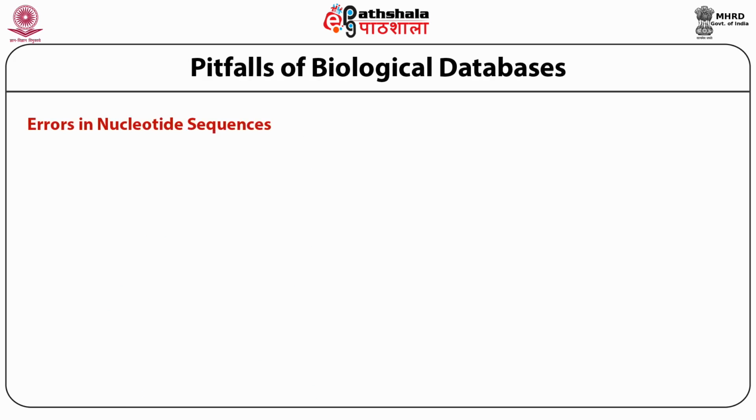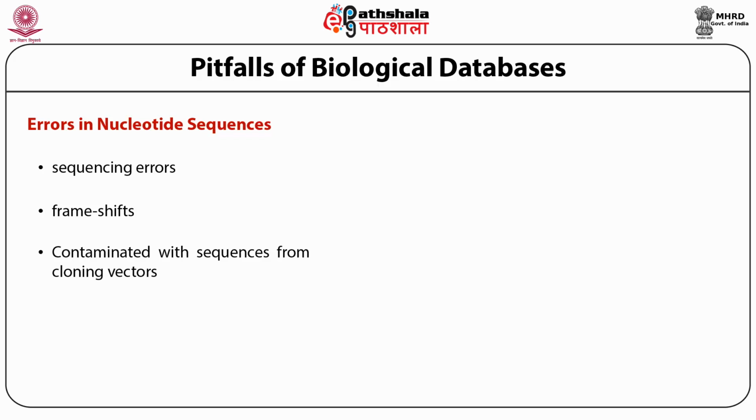We discussed the major problems associated with biological databases, or you can say the pitfalls. The major errors in nucleotide sequencing come from sequencing errors, frame shift mutations, contamination with sequences from the cloning vector, and the sequences produced before the 1990s, because at that time the sequencing methodology was not very advanced.